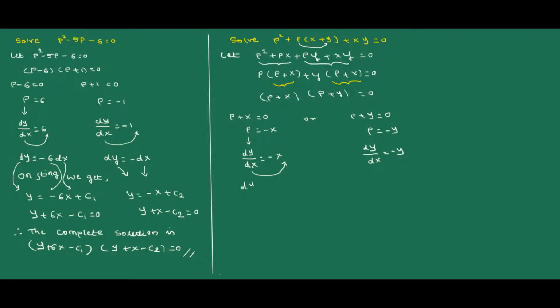So dy is equal to minus x dx, and here dy divided by y is equal to minus dx. This is nothing but separating the variables. Collect the terms containing y and dy on one side, x and dx on the other side. On integrating, we get.